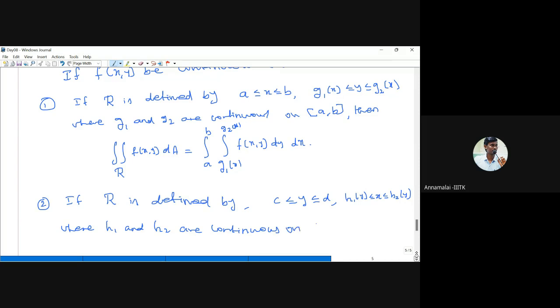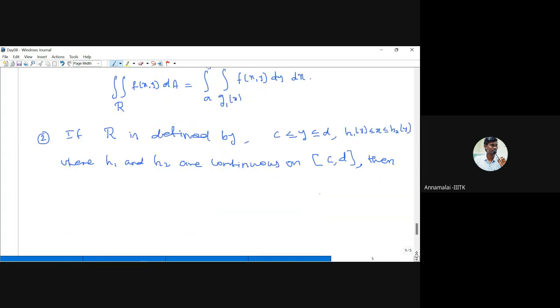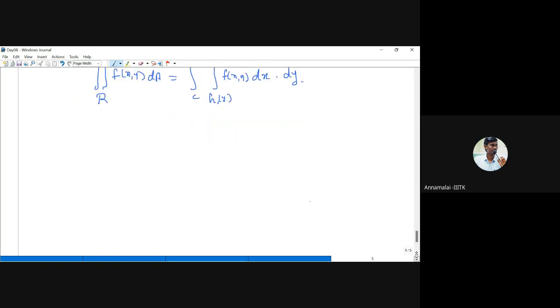Then the double integral over R of f of x comma y dA is nothing but first you evaluate x, from h1 of y to h2 of y of f of x comma y dx, then dy. So that's it. Maybe we discuss some example for this.